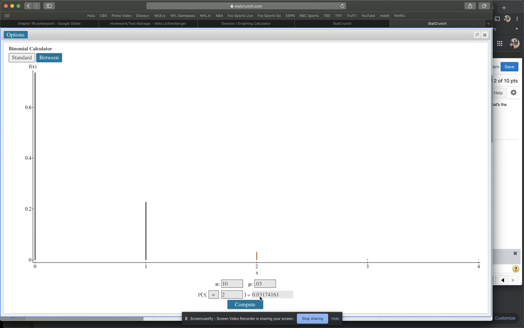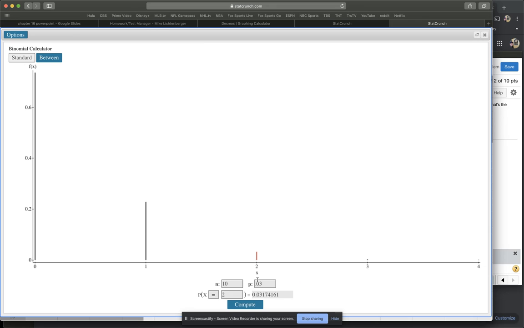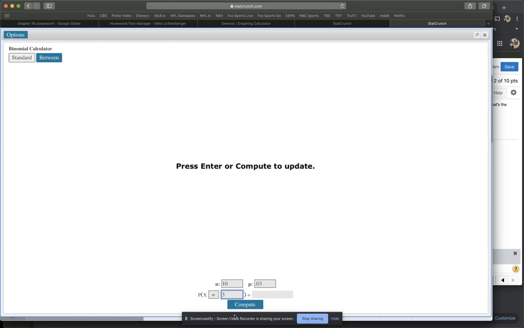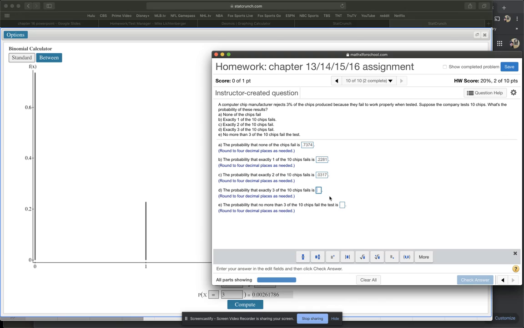So 0.0317. Probability that exactly 3 of the 10 chips fail. So change the 2 to a 3. That's going to be 0.0026.